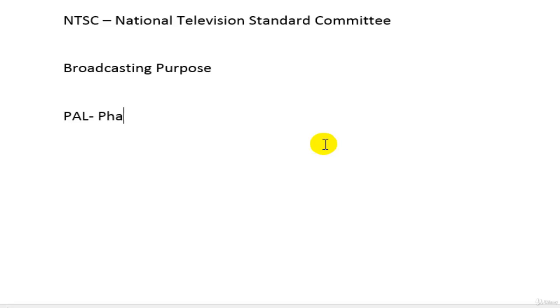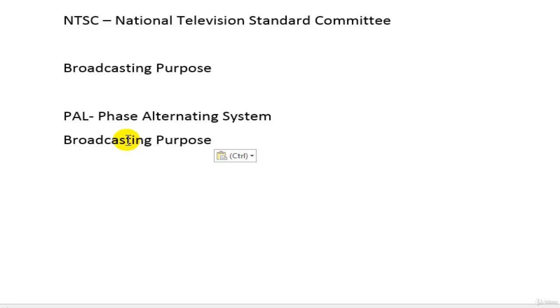This stands for Phase Alternating Line. This is again for broadcasting purposes, and it is used in Asian countries. So it again depends on what kind of video or for what purpose we would like to create the video. So I hope these both standard formats for broadcasting are clear to you.